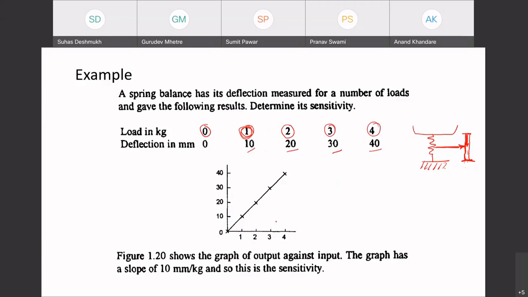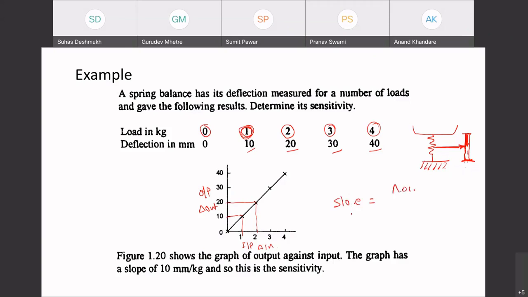So how can I determine this slope? It's simple. I can take this difference. This is my input and this is my output. And I can determine delta out and delta in, and slope is nothing but sensitivity.